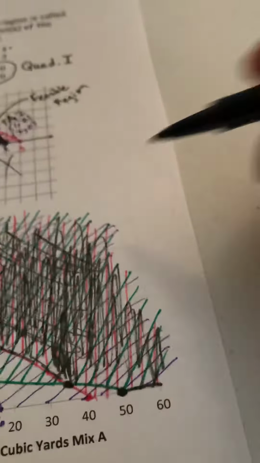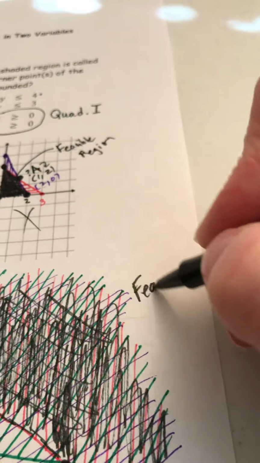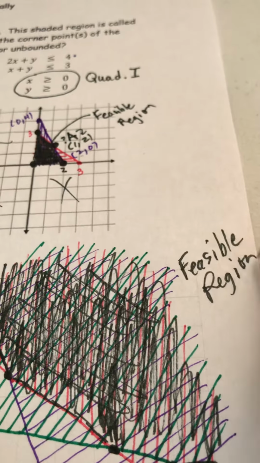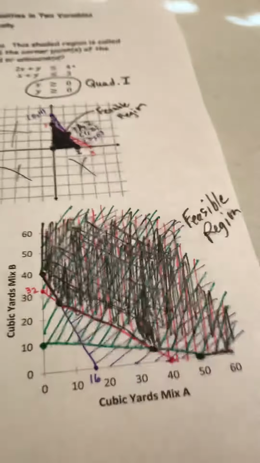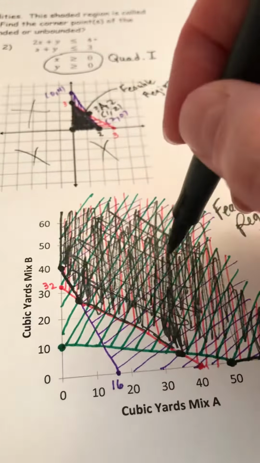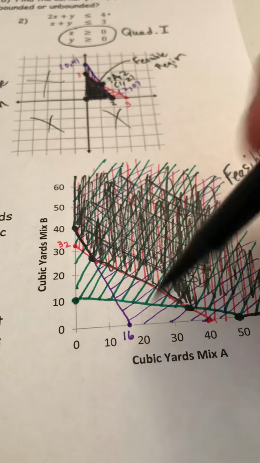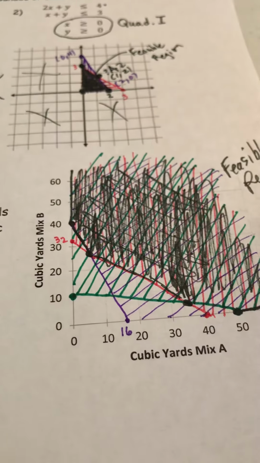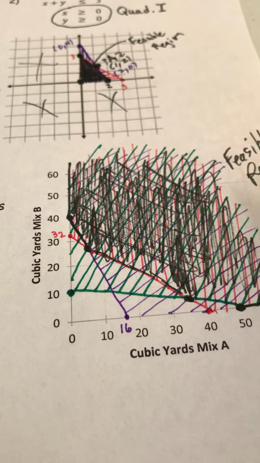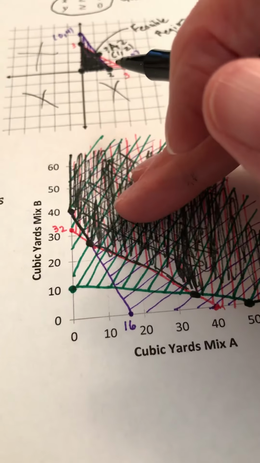And this is called the feasible region for this particular farmer. Now what that means is that any of these x, y values, cubic yards of A and B, will satisfy the farmer's requirements. Now, we know that's a feasible region.